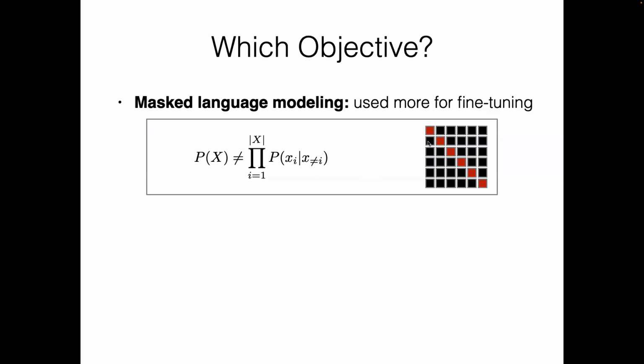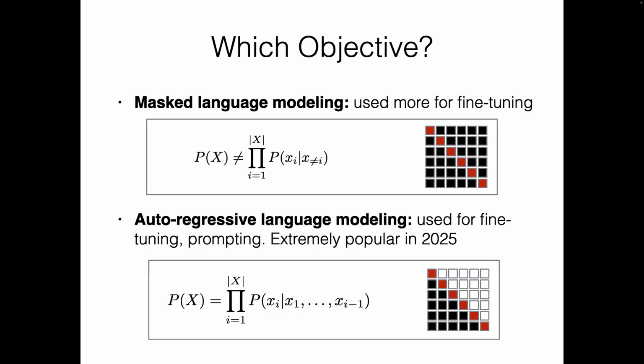So you usually get an encoder model, and then you can fine tune it for a specific task. Masked language modeling consists of removing or masking out different positions in the sequence and then having your model predict them. These positions can be from anywhere in the sequence, so you're not necessarily going from left to right.